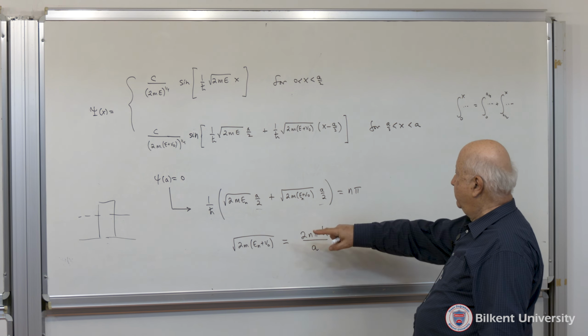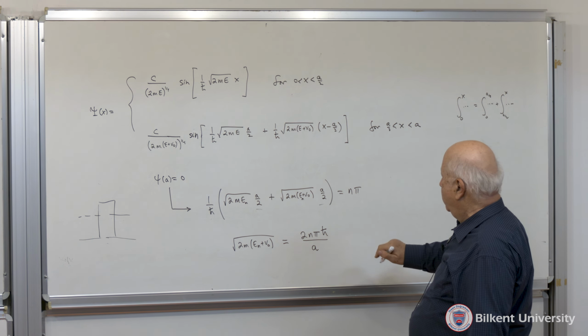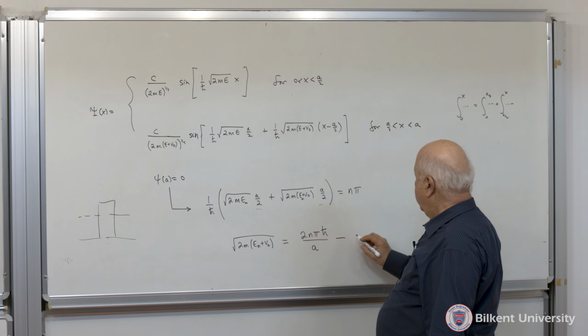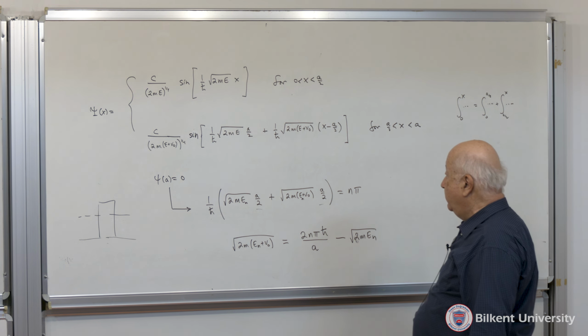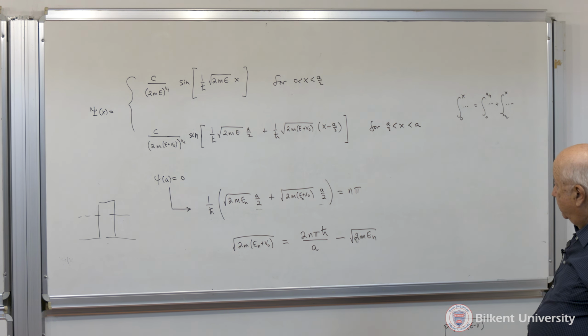So I have taken all these factors out, minus square root of 2mEn. Is this correct? 2 h bar over a. Okay, looks correct.